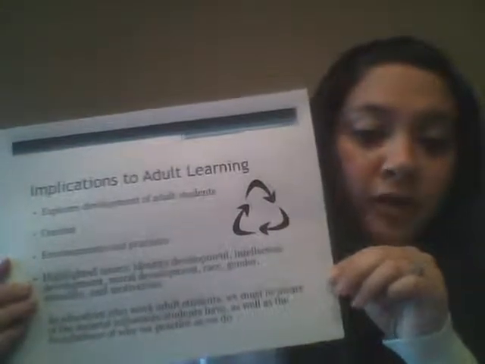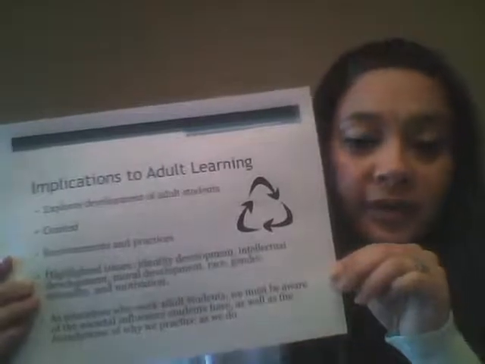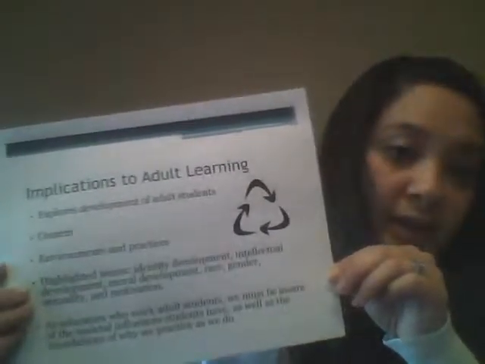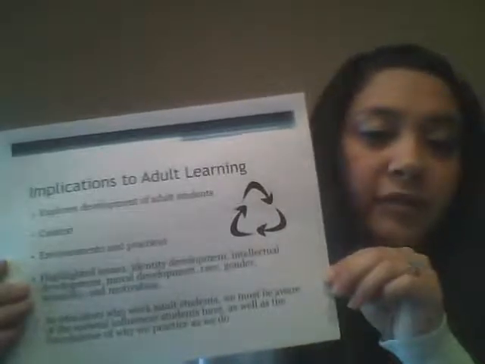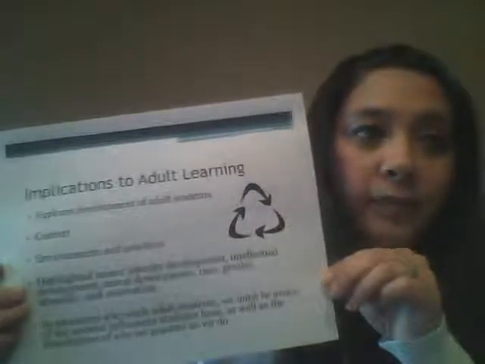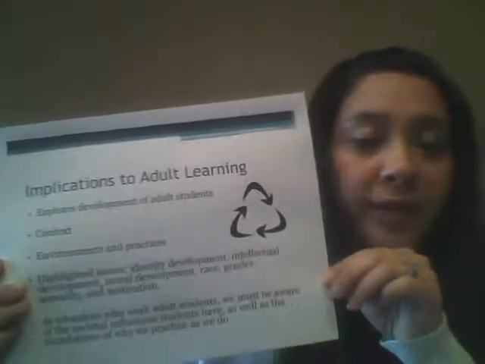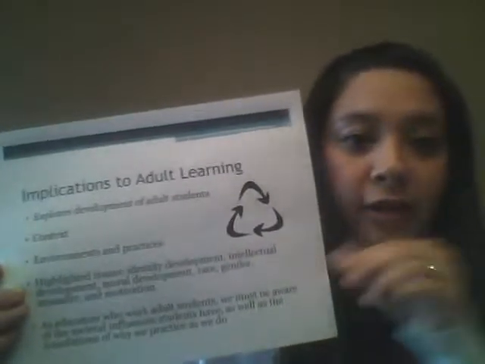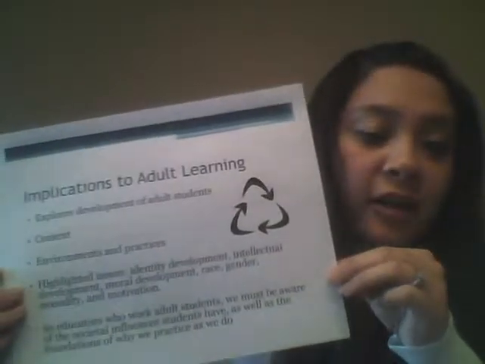And I think in general, as adults or as educators who work with adult students, we need to be aware of the societal influences and the possible influences within their development that they bring with them once they enter the classroom, or the professional relationship you have with that student. And so that gives us insight on how to better help that student.